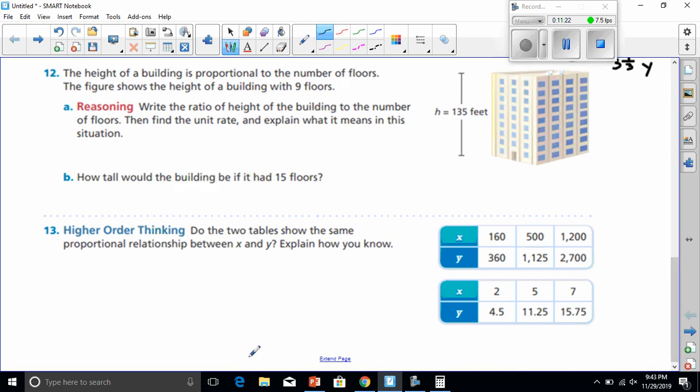Let's see, on number 13 it says, do the two tables show the same proportional relationship between x and y? Explain. Well, to show the same proportional relationship, they'd have to have the same ratio. So let's go ahead and check this out. First one is 360 over 160.